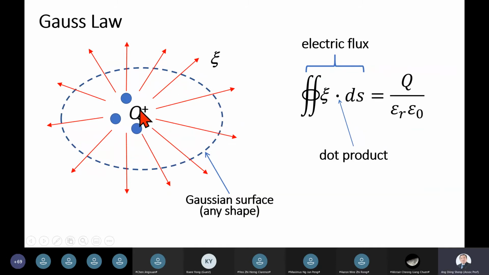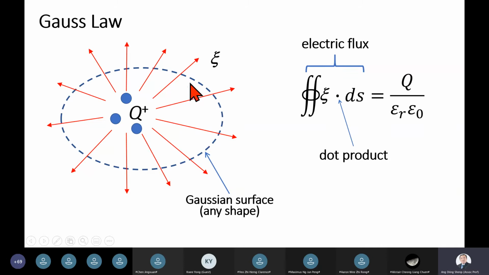Now imagine, just for the example, I have some positive charges here, plus Q. There will be electric field emanating from these positive charges, and I can relate the electric field at a certain distance away from the charge to the amount of charge present here, using Gauss law.